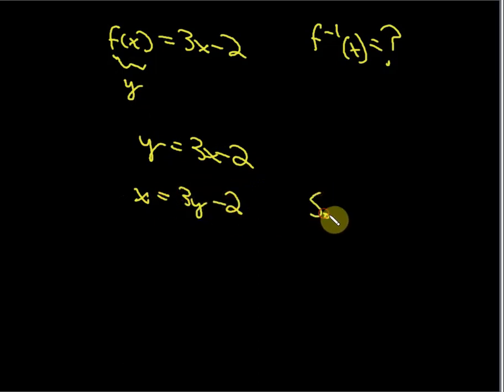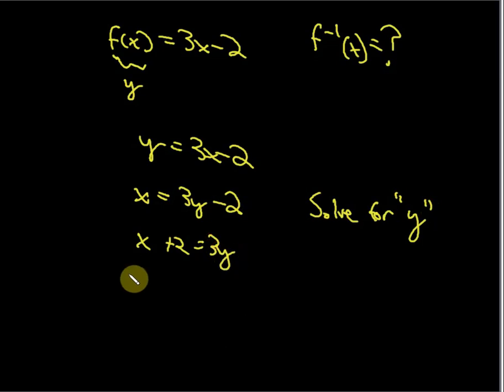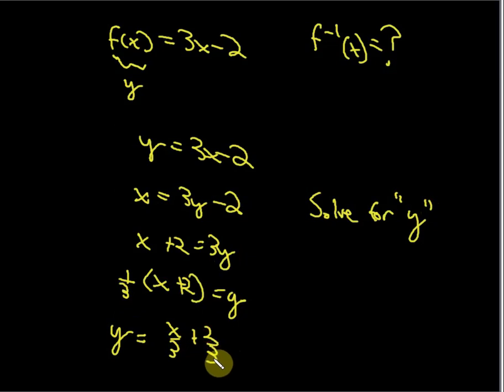And so now we just have to solve for y. So we do that. We get x plus 2 is equal to 3y. We get 1 over 3 times x plus 2 is equal to y. And then we get, because I like writing it this way, x over 3 plus 2 over 3 is equal to y.